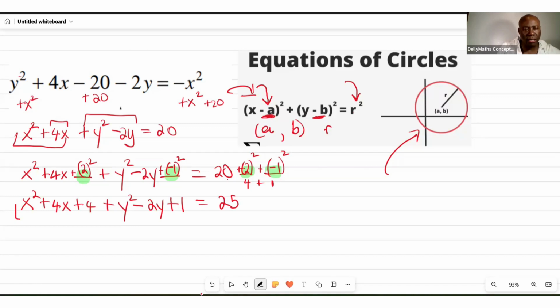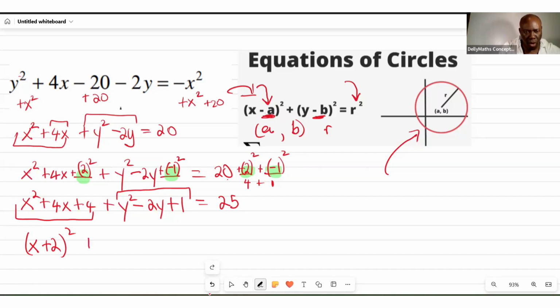Now, I could factorize this because they are actually perfect squares. So whenever it's a perfect square, all I've got to do is put x, put the square, take a half of this, and it's going to come here, right? So if I should expand this, I'm going to get back x squared plus 4x plus 4.